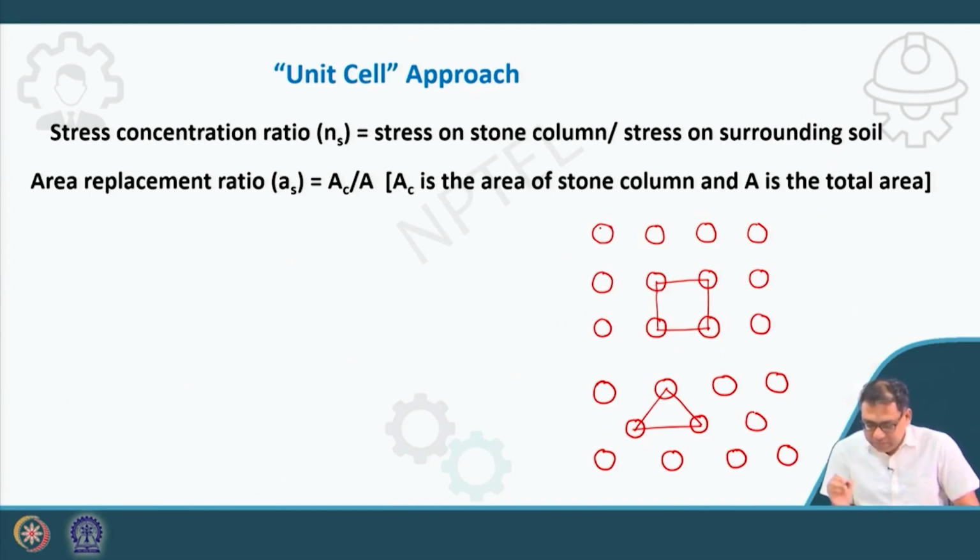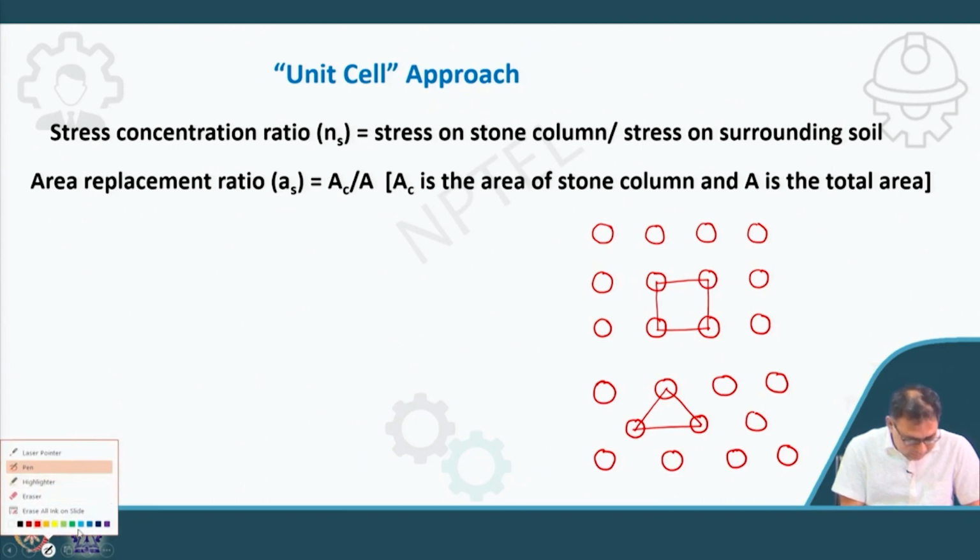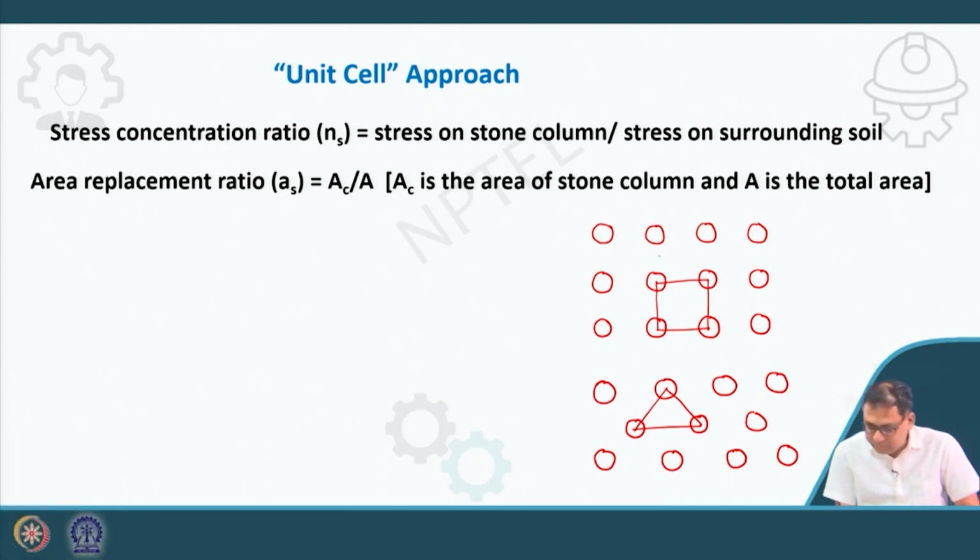So, now suppose we consider the area surrounding this column. Suppose this is our column, so this is the area. We are assuming that this blue area will be influenced by this stone column.